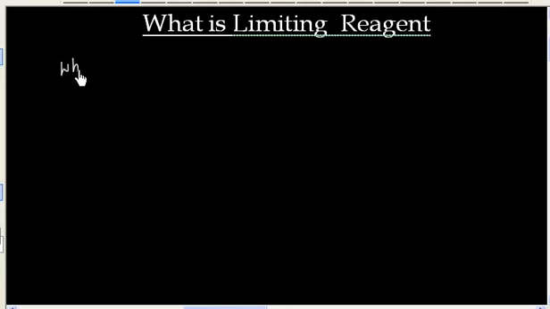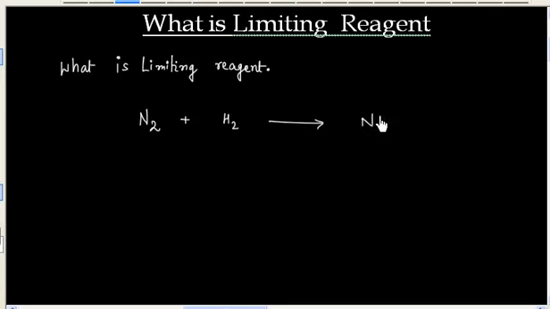So what is limiting reagent? Let us consider this reaction, that is formation of ammonia.